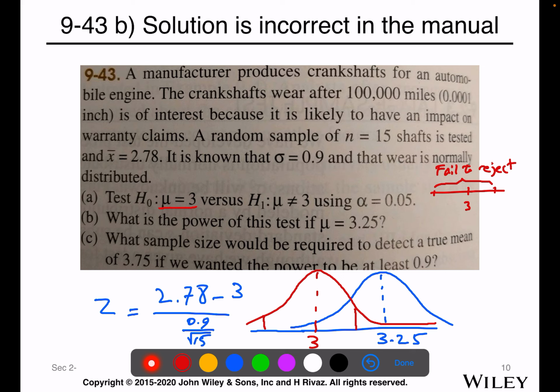So in part B, the probability that we are interested in is the probability under the blue curve up to here. This colored area is beta, and we want to calculate beta.